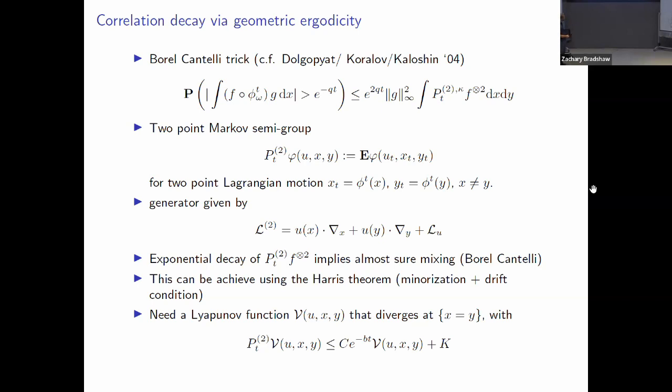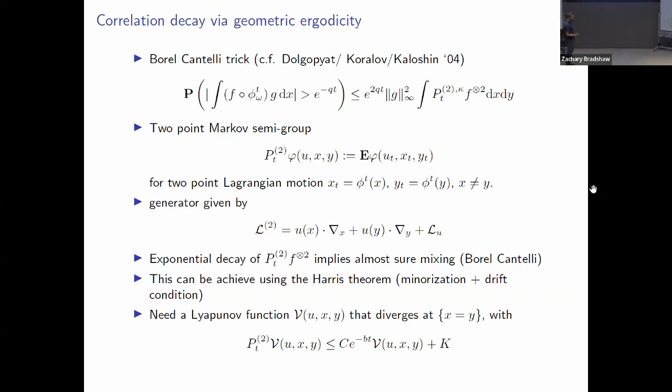And I'll just mention what the drift condition is. It's essentially a Lyapunov function. So what we need to find is some function of u, x, and y, that diverges as u goes to infinity and also diverges as x approaches y, that satisfies this condition here. So what this is essentially saying is that asymptotically, as t goes to infinity, this thing starts to forget its initial data.